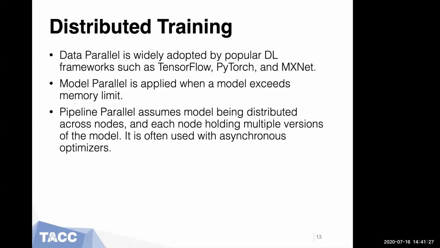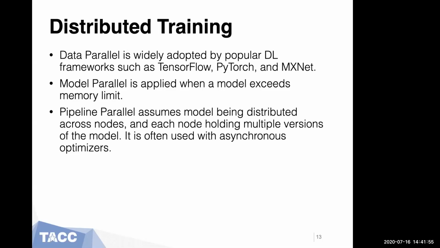Okay, so to summarize these distributed training paradigms: data parallel is widely adopted by popular deep learning frameworks such as TensorFlow, PyTorch, and MXNet. At TACC, we support Horovod, which is a communication framework that supports all of these three frameworks for distributed training. Model parallel is applied when the model exceeds the memory limit.